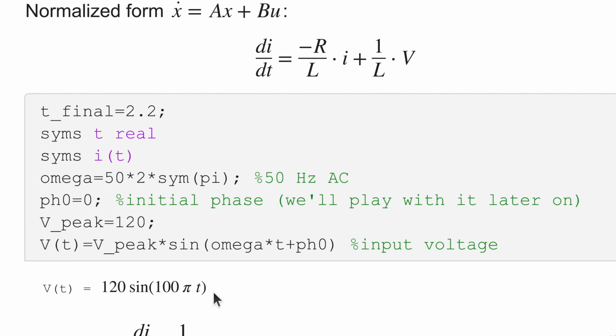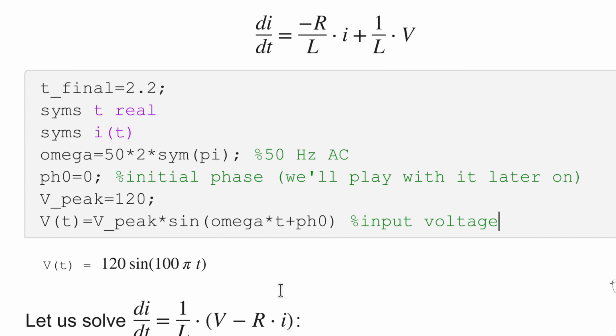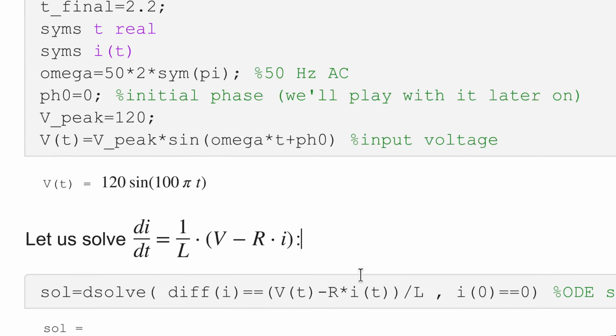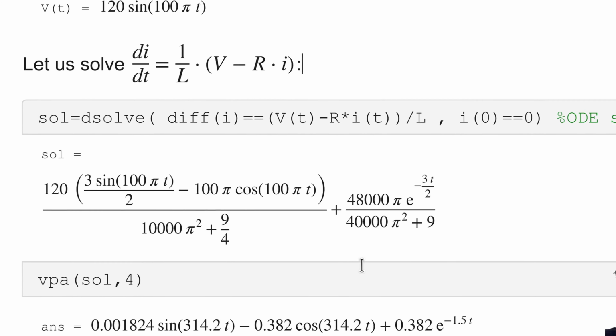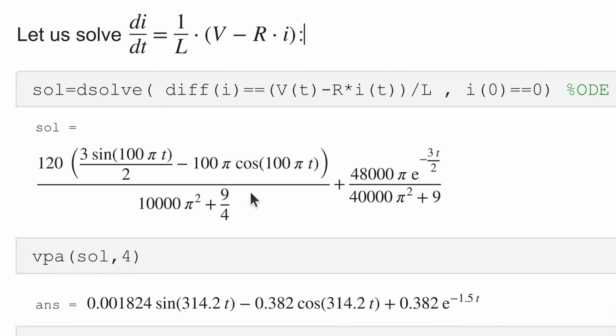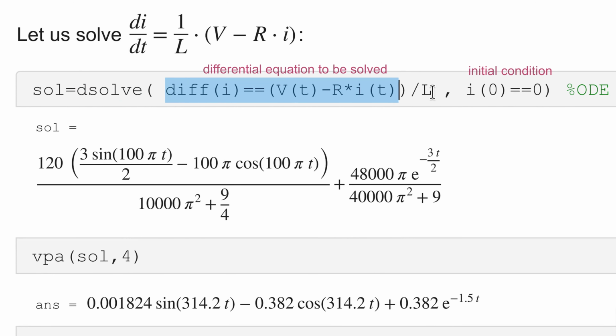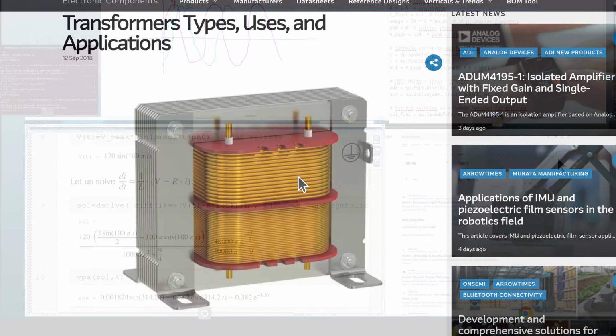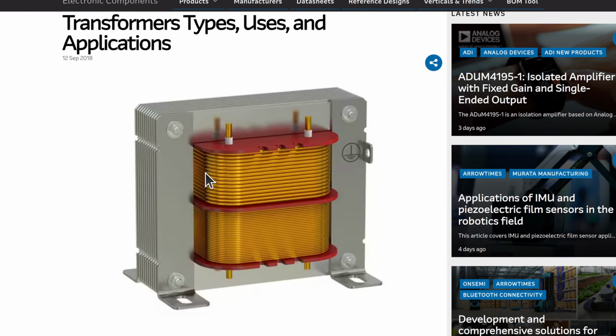So this is v of t, the input voltage, and to solve this equation, I can just tell the symbolic toolbox of Matlab to solve for it. The derivative of the current equals v minus R times current, divided by inductance, with the initial condition of 0 current, which corresponds to energizing a previously disconnected transformer.